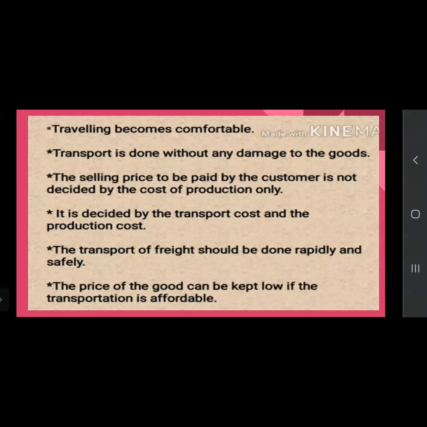The transport of freight should be done rapidly and safely. The price of the goods can be kept low if the transportation is affordable. The price will not increase if the transportation is affordable, meaning it can be cheaper, so the selling price will be less and will not keep on increasing.